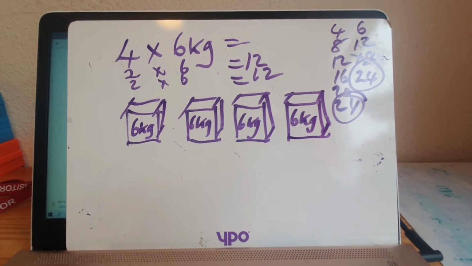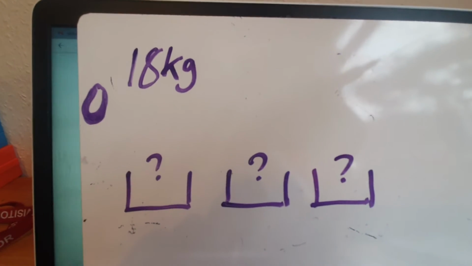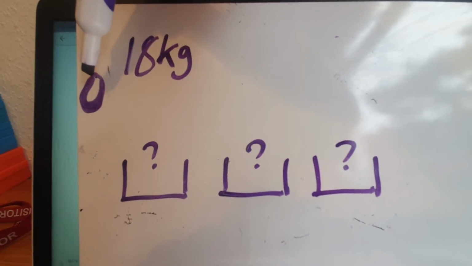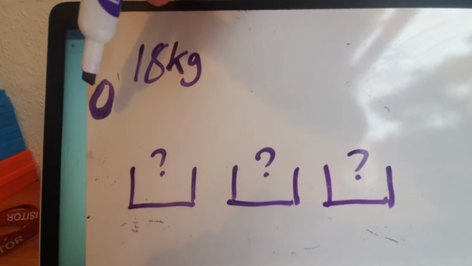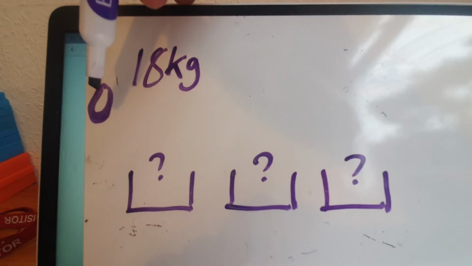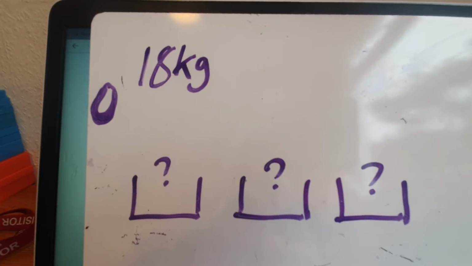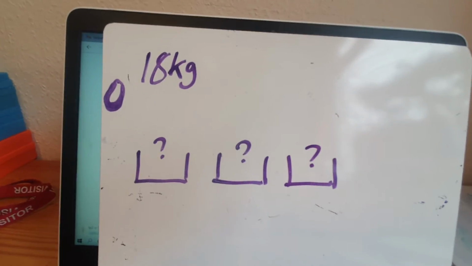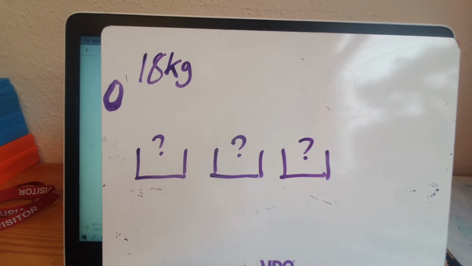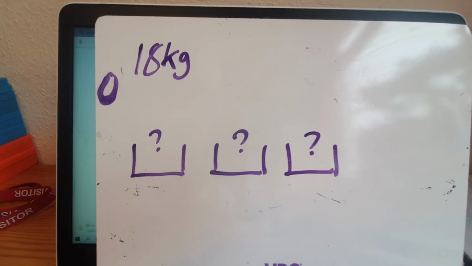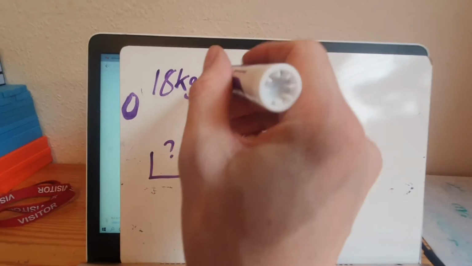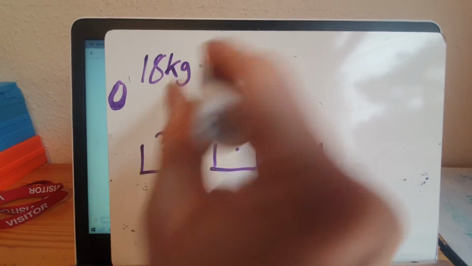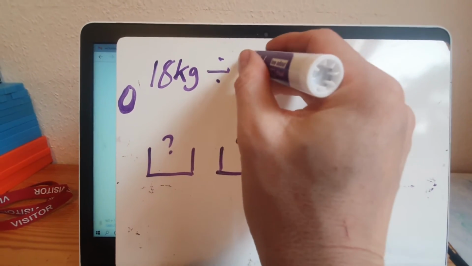Let's have a go at some division. Okay, so this time I've got 18 kilograms of potatoes, a purple potato, and I need to share them between 3 boxes. So what would my calculation be? So it'd be 18 shared, divided means the same, between 3.